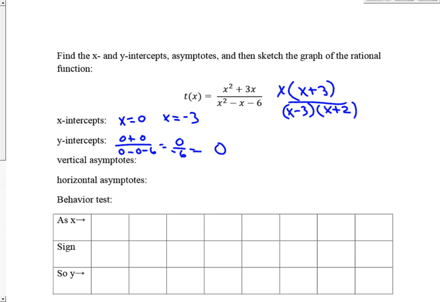So our y-intercept is at 0. Our vertical asymptote is the denominator values, or factors, set equal to 0, so we're going to get x equals 3. And then also x plus 2 equal to 0 will give us x equals negative 2.